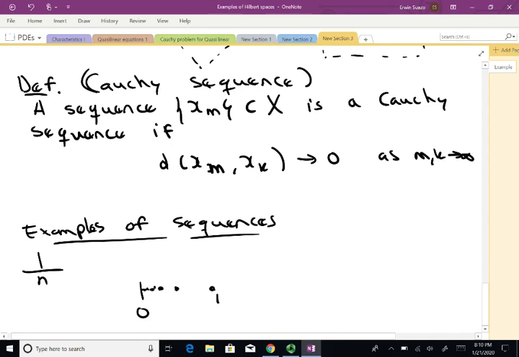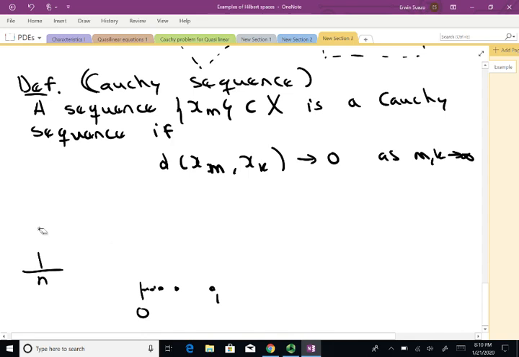So what does it mean in easy terms? It means that after a point, let's say after 1,000, these terms get really close. They start to accumulate. They are not spreading out.